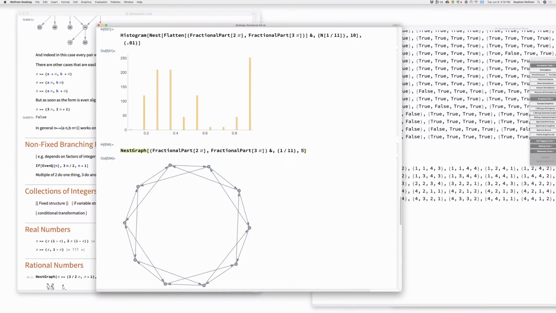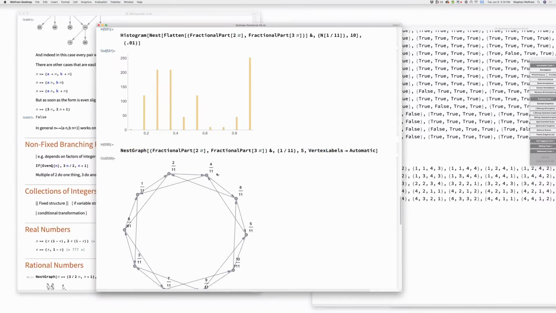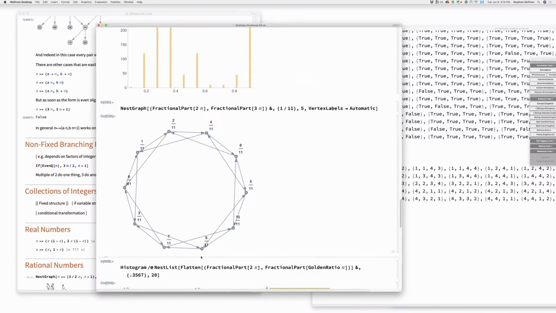Let's label the values. Oh yeah, it's a circle, it's like chords or something, isn't it? You're just multiplying a number by 3 or 2, and then until you get 0 mod 11. Yes. You're just seeing the structure of modular arithmetic.